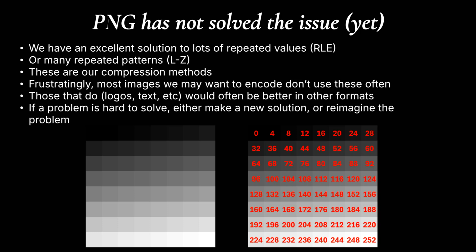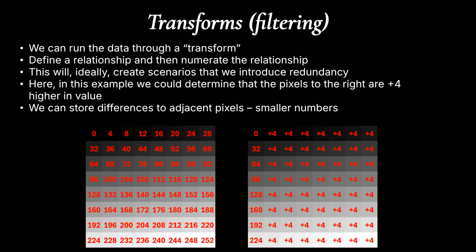The way that PNG does it is via something called transforms, which it calls filters. So there is a pattern here that you can see, and if we think about it for a little while, we can see that there is an observable pattern. Basically, in this particular gradient, it's +4, +4, +4, +4, +4 in that direction, and as you come down, it's +32 each time. So there's a nice mathematical relationship there, an easily definable pattern.